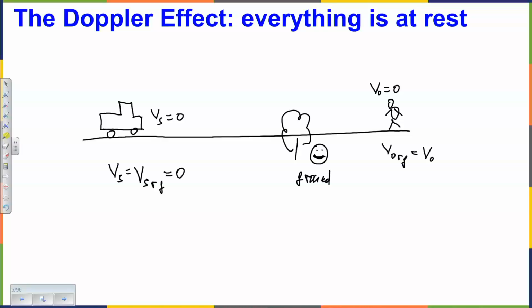And of course, the sound source generates the sound waves which travel away in all directions. Well, technically, we can assume that there's a spherical pulsing sound source, and spherical waves travel away in all directions. But of course, we only care about the wave fronts which actually reach the observer.